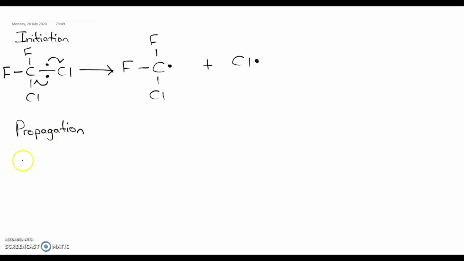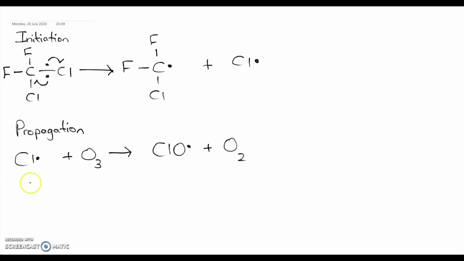So if we have our Cl radical here and it reacts with an O3 molecule from the ozone layer, I will end up with ClO radical and oxygen.